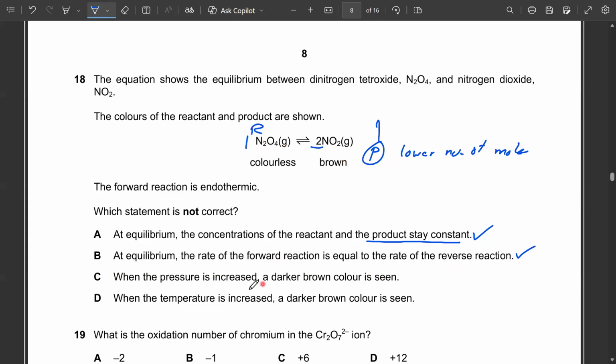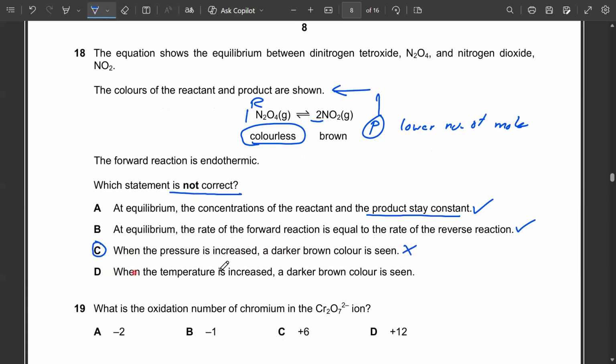So by increasing the pressure, the equilibrium should shift towards the left, where a colorless gas is produced. It's not the darker brown gas, because the darker brown gas belongs to NO2. So this statement is incorrect, but that makes it the correct option because we want to find the incorrect statement.